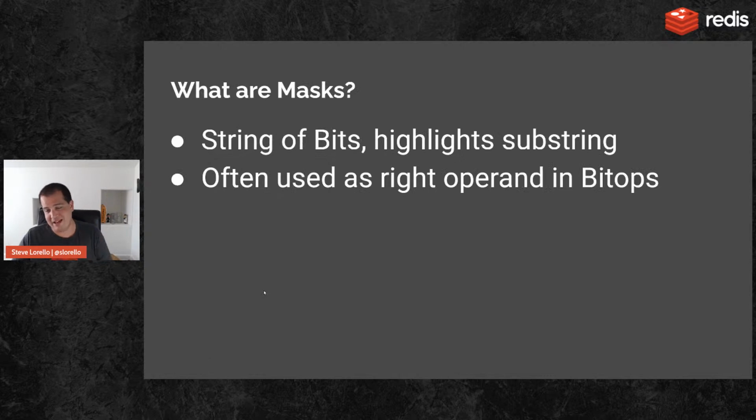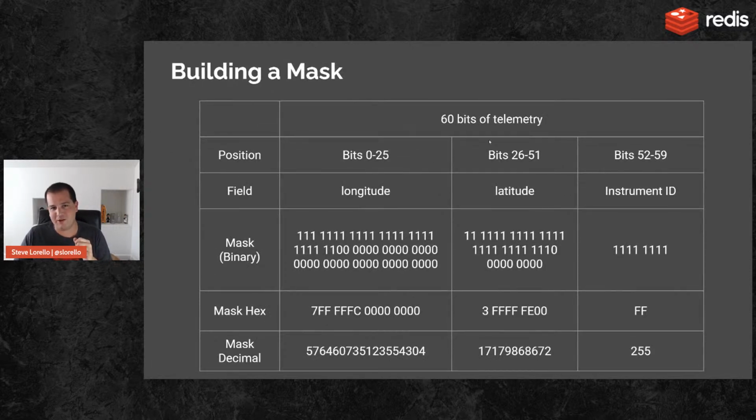So what are masks? Masks are strings of bits that allow you to represent a highlighted portion of a substring of bits. They're often the right operand in a bit operation. So let's take our 60 bits of telemetry again. We have these fields and what those fields represent, but then we need to come up with a mask for them.